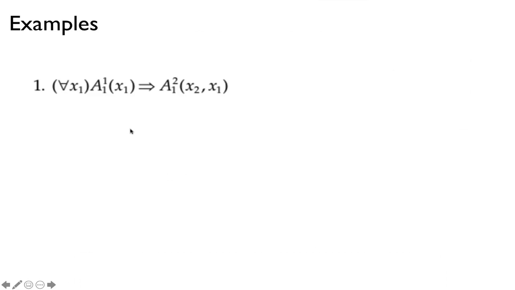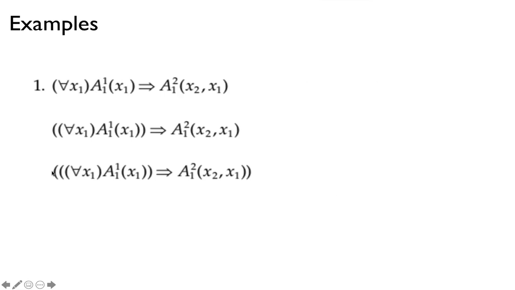Okay, here's an example of a well-formed formula. Let's add some parentheses to make sure we know what it means. Notice in the first step, for all goes before the conditional. So we can put parentheses over here to denote that this is one unit, and then put another pair of parentheses to say that the whole thing is one unit.